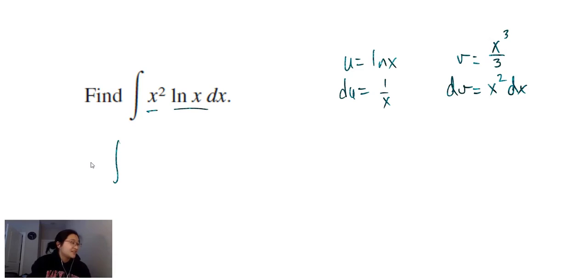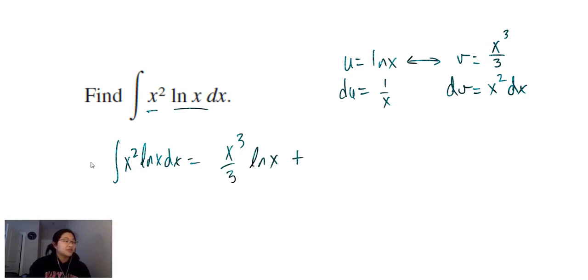So we have this integral of x squared times the natural log of x dx equals uv, x cubed over 3 times the natural log of x minus the integral of v du. So we got 1 over x times x cubed over 3, oh, I forgot a dx there, dx.